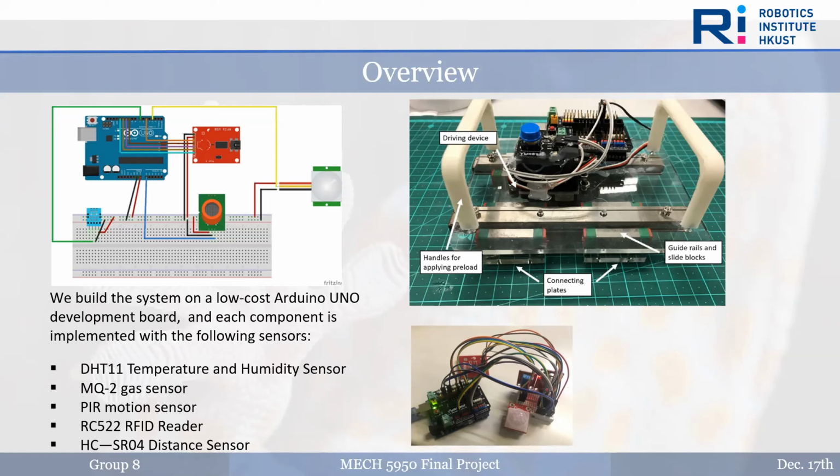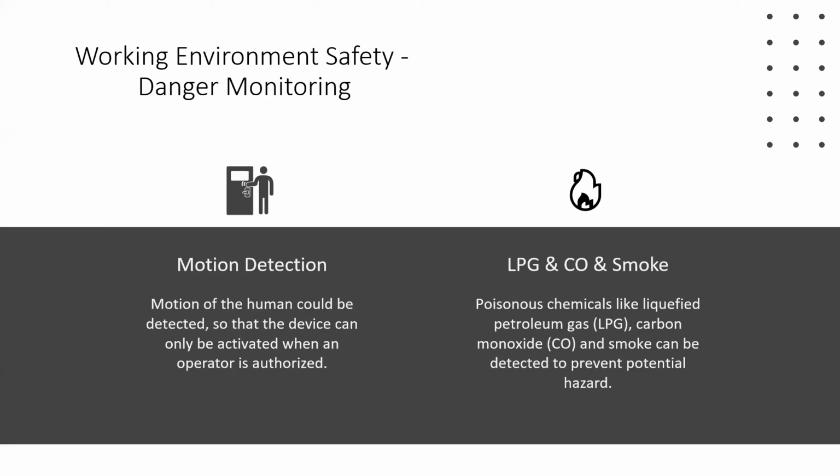In general, the sensors we use are a DHT11 temperature and humidity sensor, MQ2 gas sensor, a motion sensor, an RFID reader, and also a distance sensor.